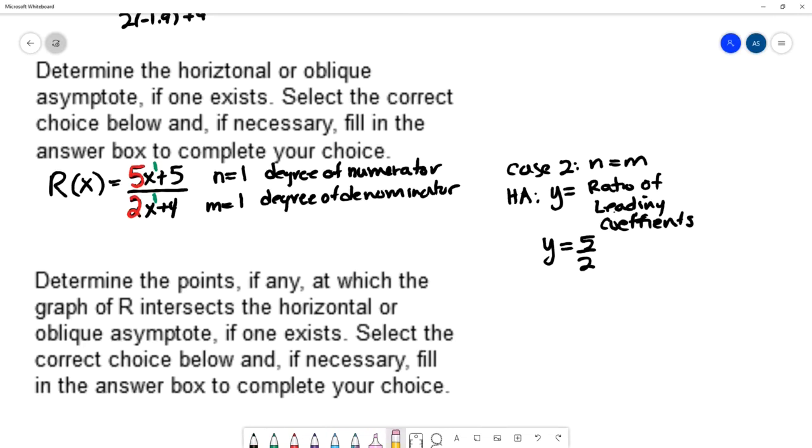So the next part involves determining whether we have any points where the graph intersects the horizontal asymptote that we just found. So we want to find where the graph intersects or crosses the horizontal asymptote that we just found.